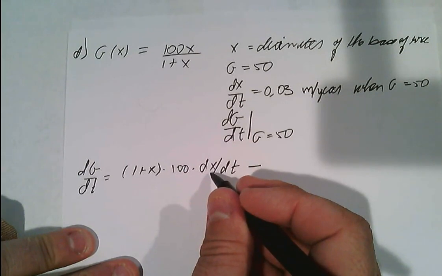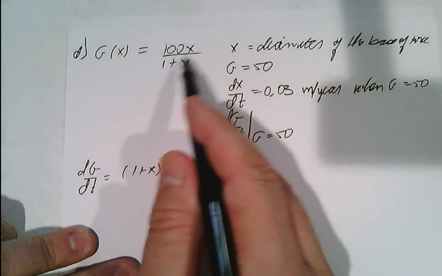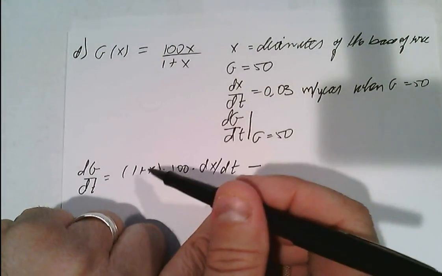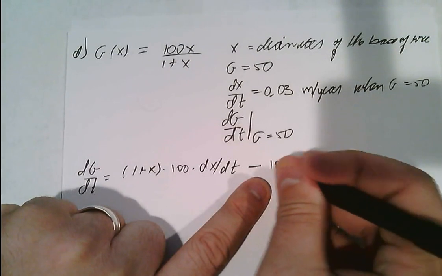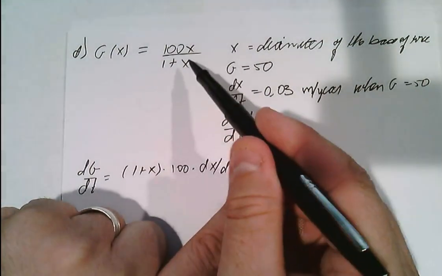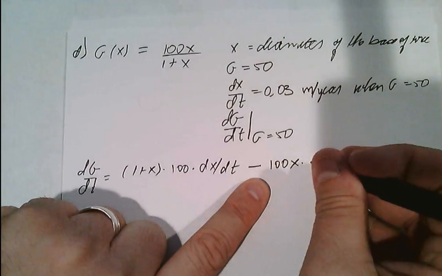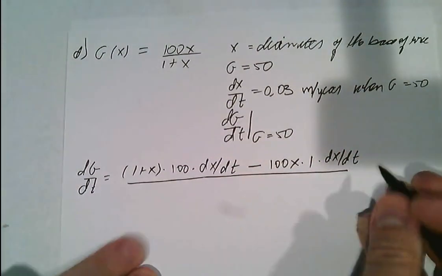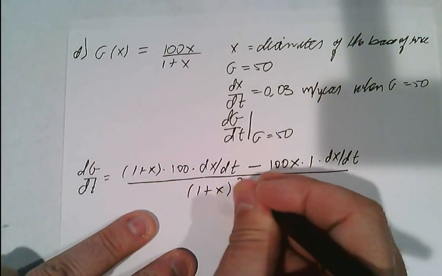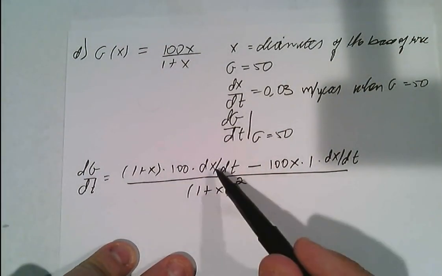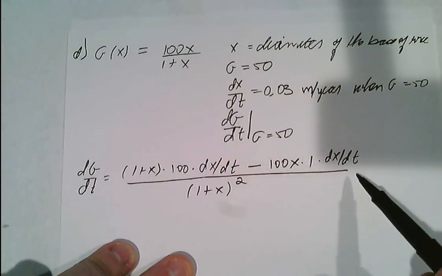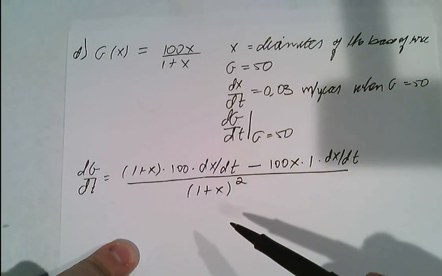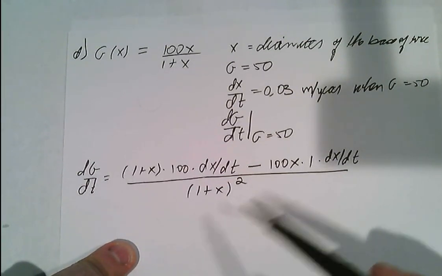Because we're taking the derivative with respect to time, and the derivative of 100 times x is 100 times dx/dt. Minus, we did low d high, minus high, 100x, times the derivative of the denominator, which is going to be 1 dx/dt, divided by 1 plus x squared. Low d high minus high d low, all over low low. Okay, good. We're doing well so far.